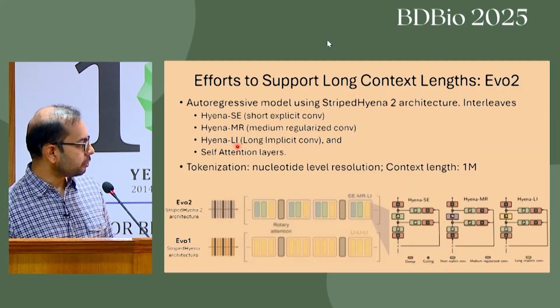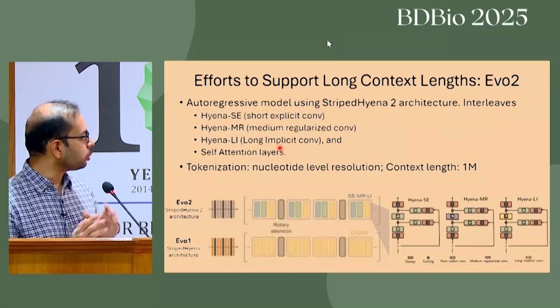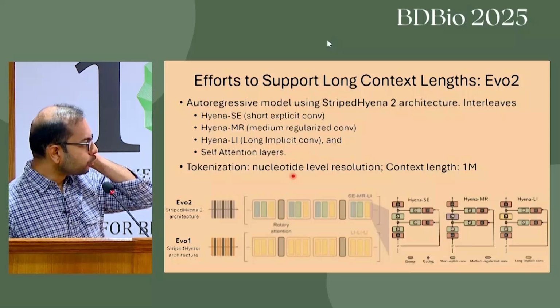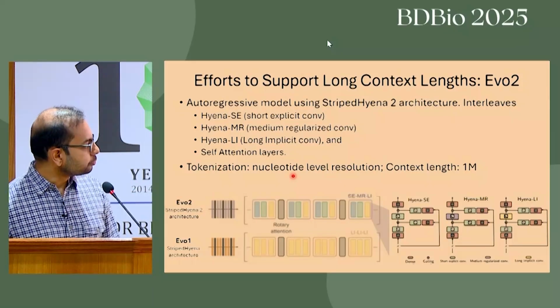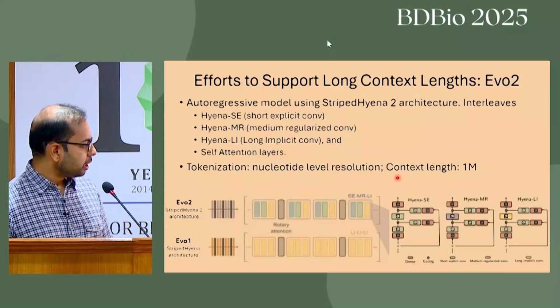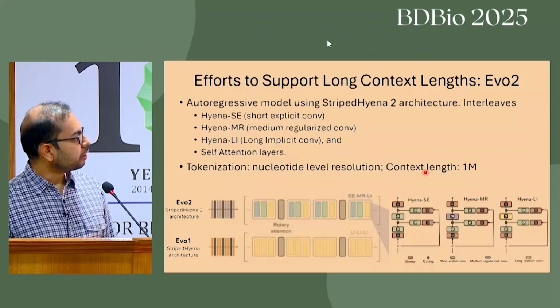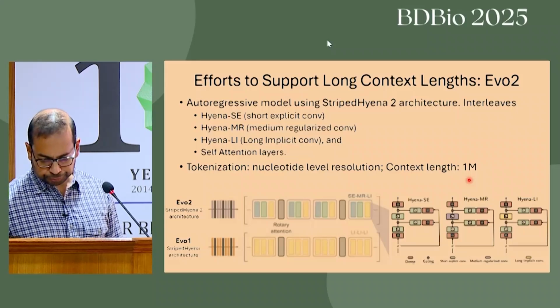They have divided it into these 3, and they still have the self-attention layer, and they still do nucleotide level resolution. And now with this, and I guess because of improvement in GPU architecture, they were able to get to a context length of 1 million.